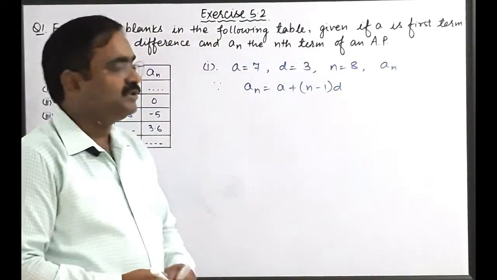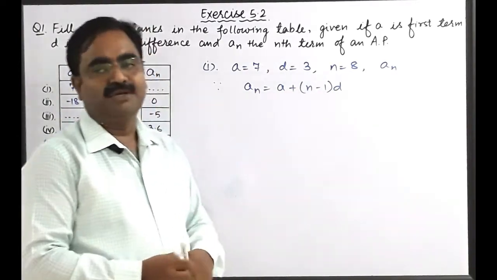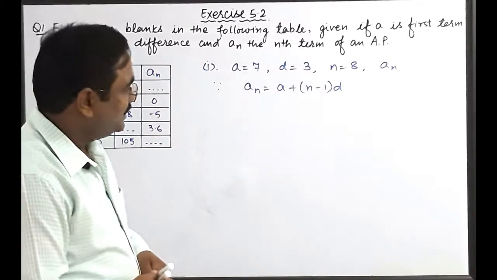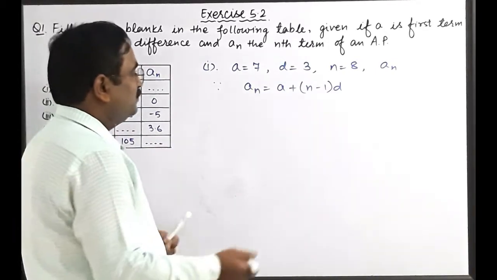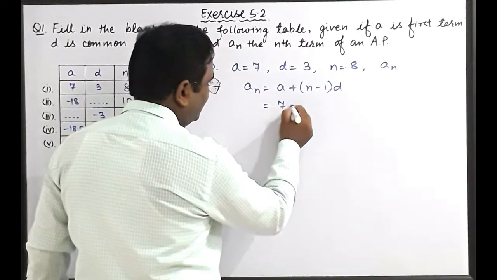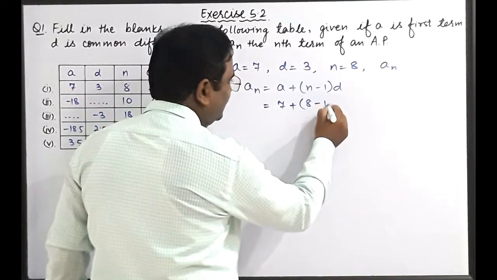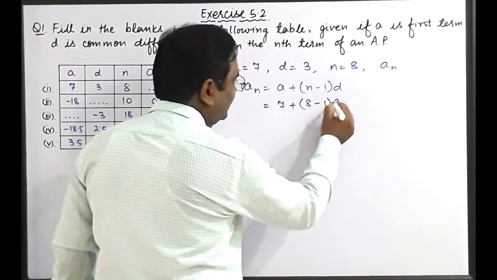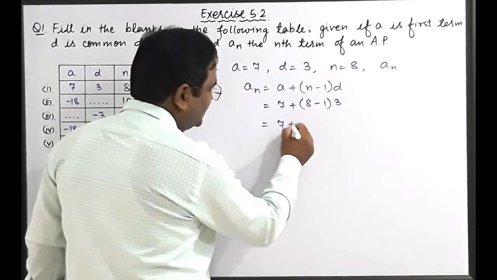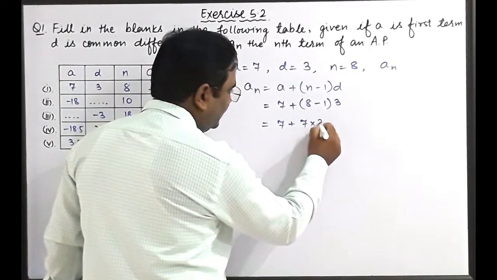Now substitute the values of a, n and d in this formula. So we will get the value of an easily, right? So a is given 7, plus n is 8 minus 1, and d is given 3. Now solve it: 7 plus 8 minus 1 is 7, multiplied by 3.